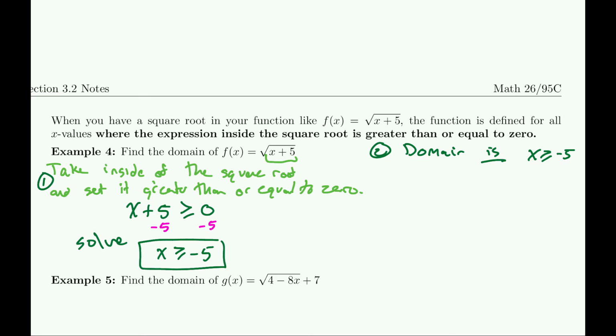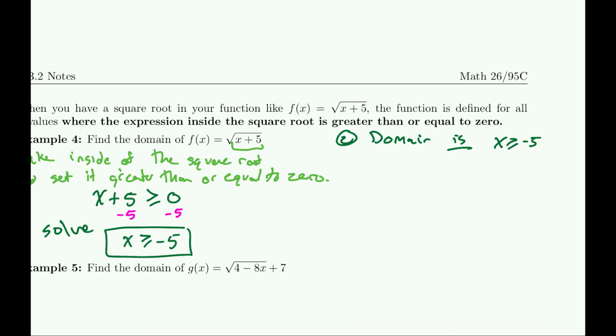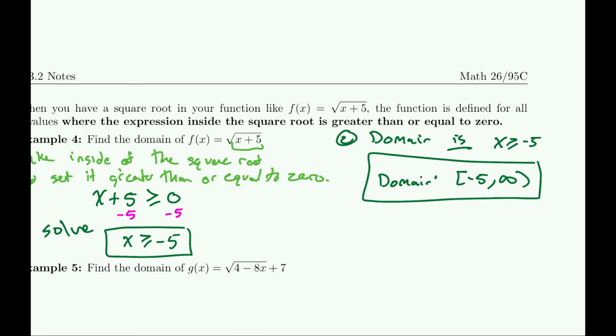That's what is allowed. Then you have to write that as an interval, which is not that hard. Greater than or equal to negative 5 is negative 5 up to infinity. So they're even shorter to write than the previous problems. But that's it. That's the domain.